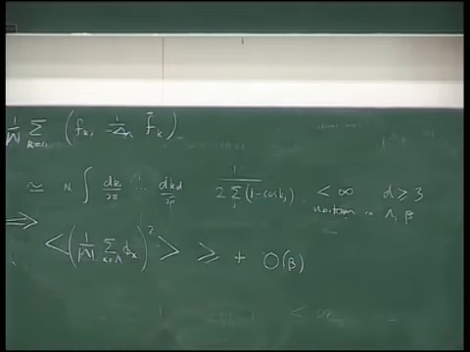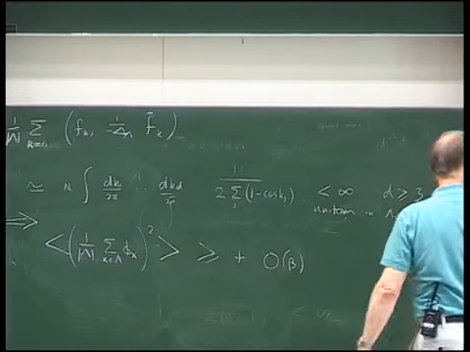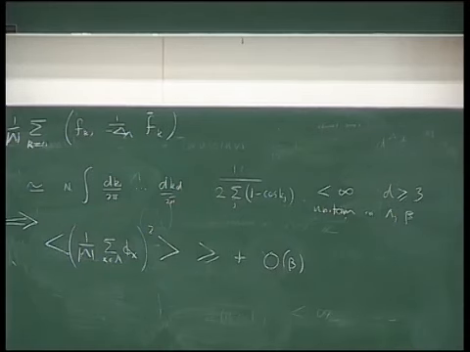And so we make it as large as we like. So if you're willing to buy what I've got so far, you now agree that we just have to prove this infrared bound.